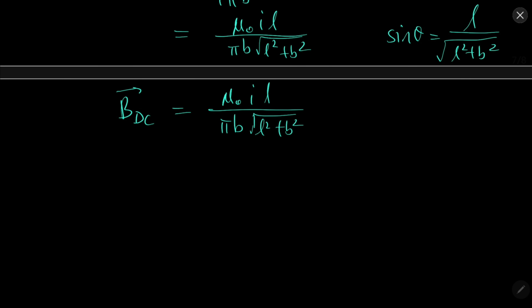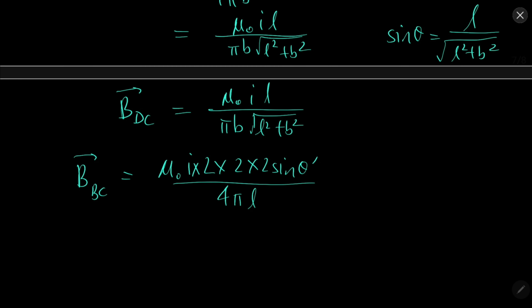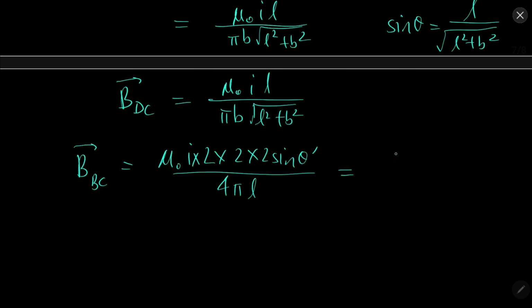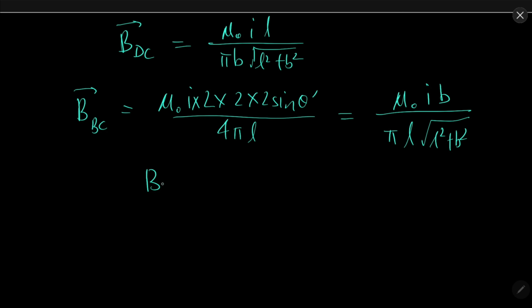Now the field due to the BC part will be mu naught I into 2 sin theta dash over 4 pi L, which will simplify and give us this, and this will also be the value for AD.